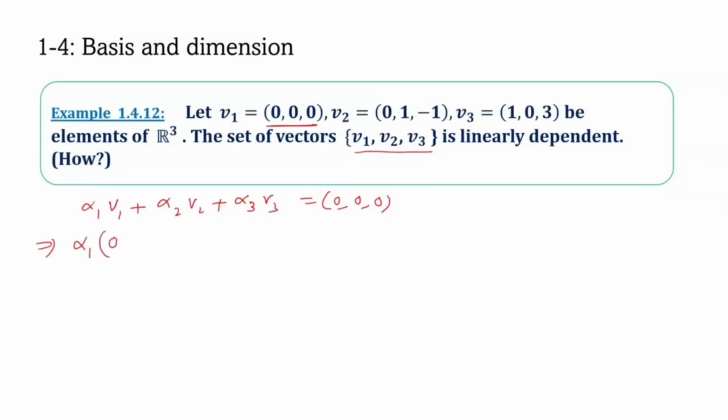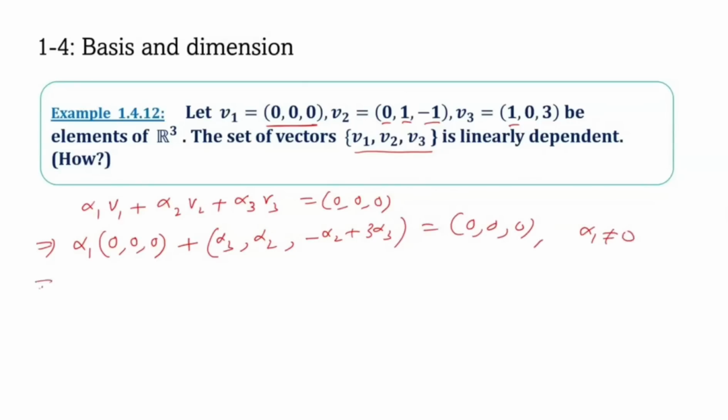To express it another way, alpha 2 V2 plus alpha 3 V3 gives (alpha 3, alpha 2, minus alpha 2 plus 3 alpha 3).